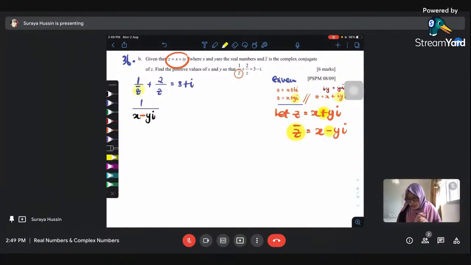Okay, below this is a conjugate, plus 2 over X plus YI. I'm so sorry for the background noise, there is construction near the building. I hope you are okay with that. Oh, thank you for telling me from the start, I was wrong. 3 minus I. Yeah, thank you Intan.